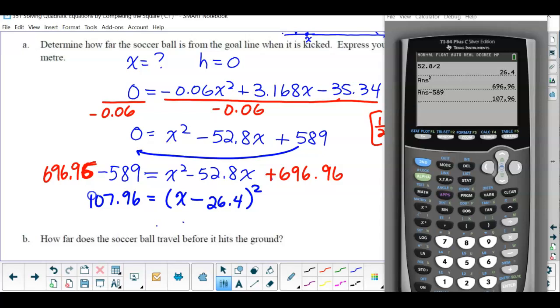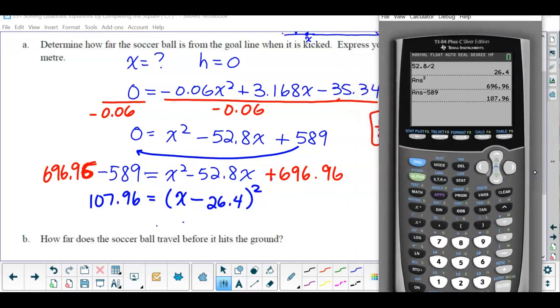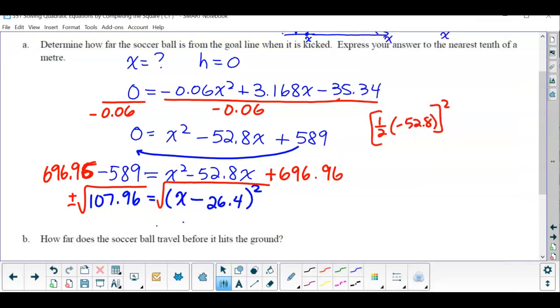Okay, because it's an application, we're going to want to get a decimal nearest 10, but we're doing it algebraically, right? So then we're going to take the square root here. And I'm going to put the x on the left now.